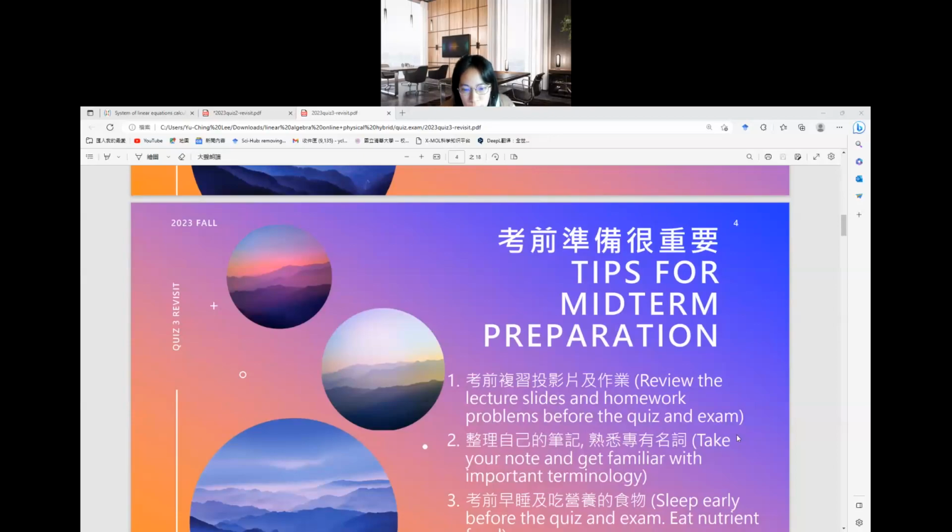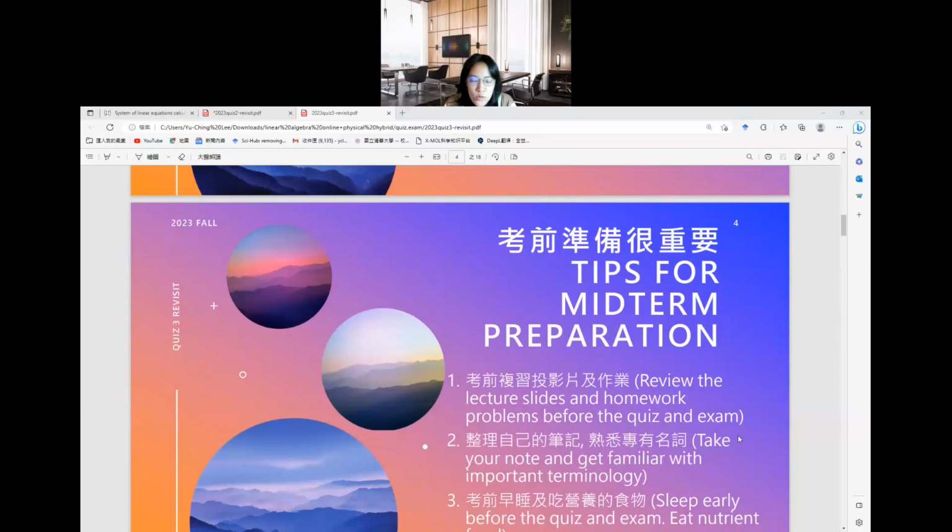So take your own notes, to remind yourself where your commonly made mistakes are. For example, if you constantly make mistakes in the process of Gaussian elimination, you should take notes, have a tip for yourself, try to remember the mistakes you made last time, and then avoid those mistakes. That's the importance of your own notes.